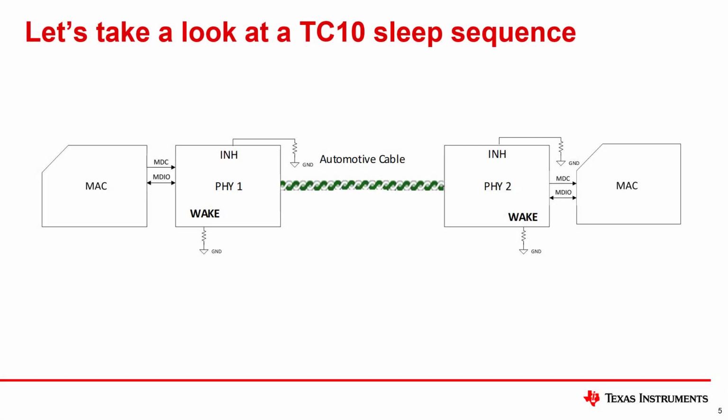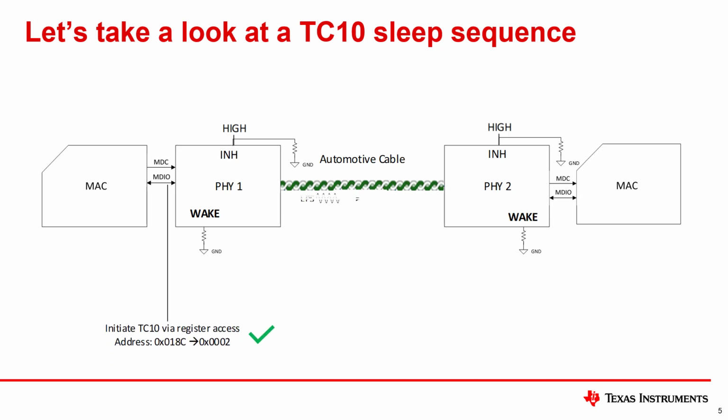Now we will move on to the TC10 sleep sequence, and again we will break it down into steps. The first step for the sleep sequence is that the host MAC instructs the host PHY to initiate TC10 via register access. The host PHY then sends a low power signal to its link partner.